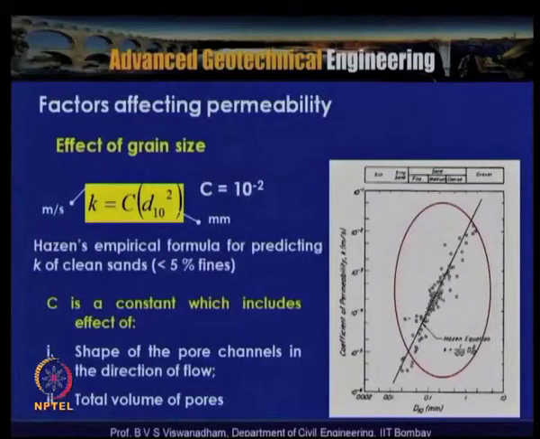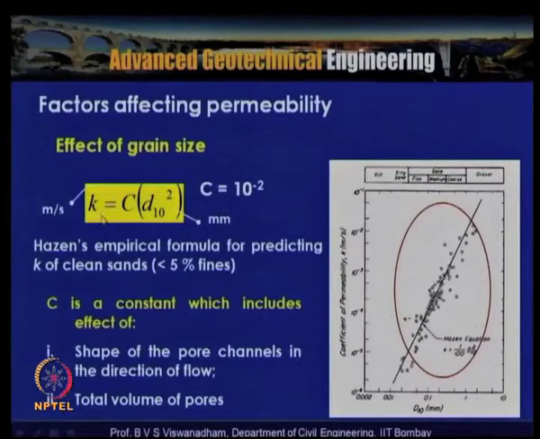The traditional empirical formula for estimating permeability was given by Hazen. The Hazen empirical formula for predicting K is basically valid for clean sands, that is, soil having less than 5% fines.